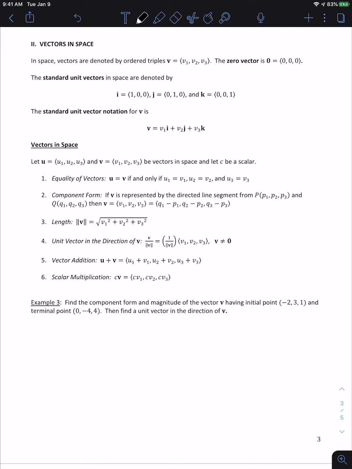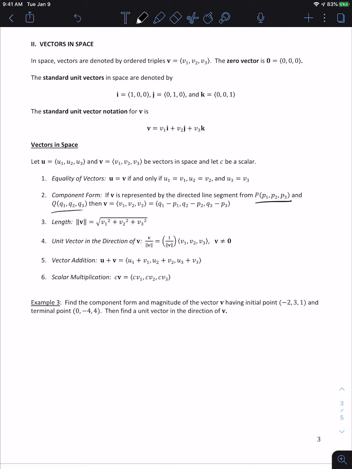Okay, and then for vectors in space, essentially these are all of the properties that we had in the 2-space, just restated for the 3-space. So if I have 2 vectors, the vectors are equal if and only if every single component is equal. Component form: if I have a point P in the 3-space and a point Q in the 3-space, how am I going to find the vector represented by the directed line segment from P to Q?